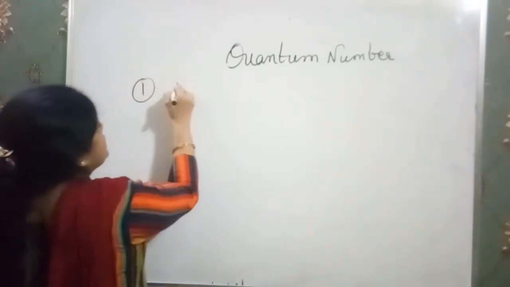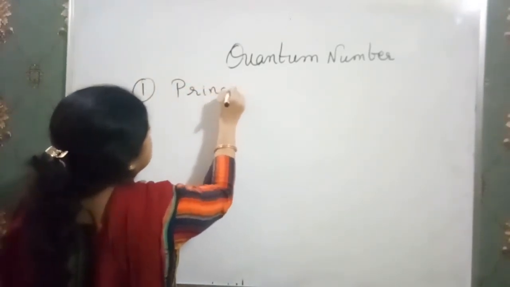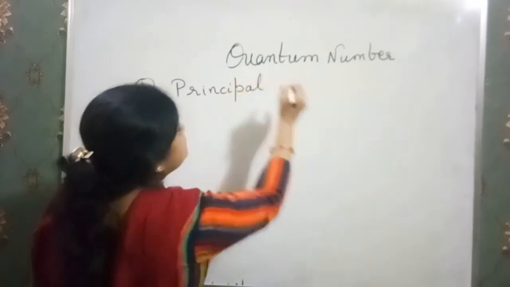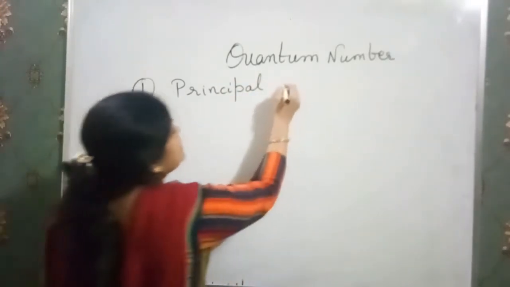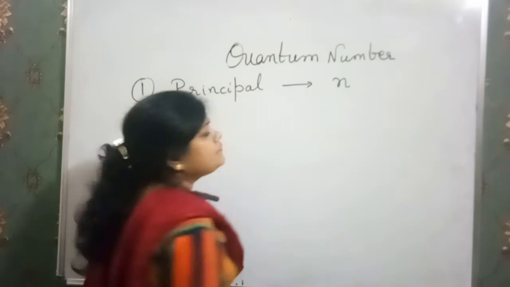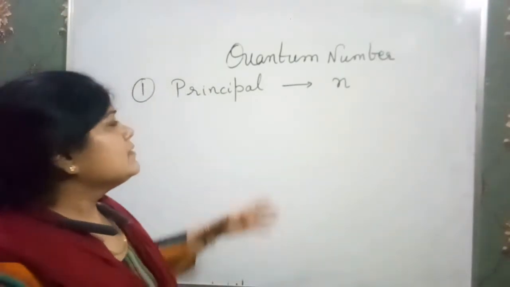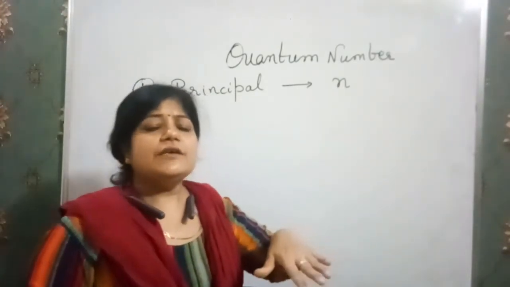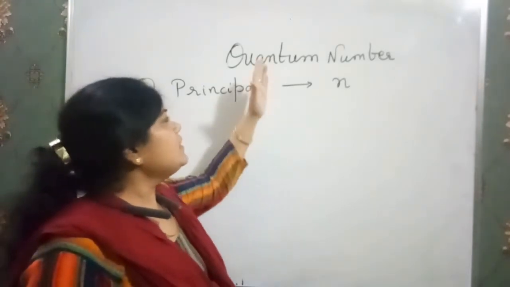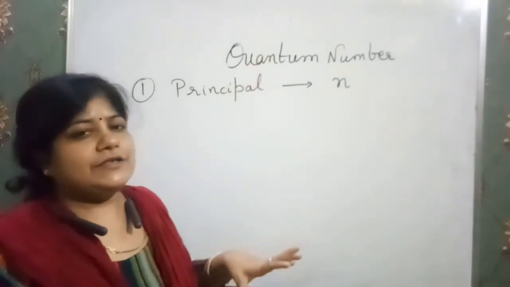The first one is principal quantum number. Principal quantum number is denoted by small n. It tells the energy of the electron in an atom.